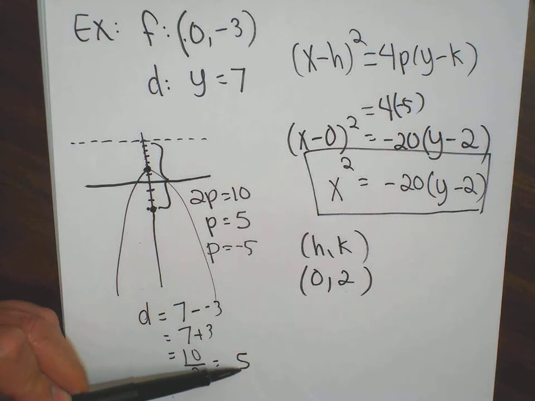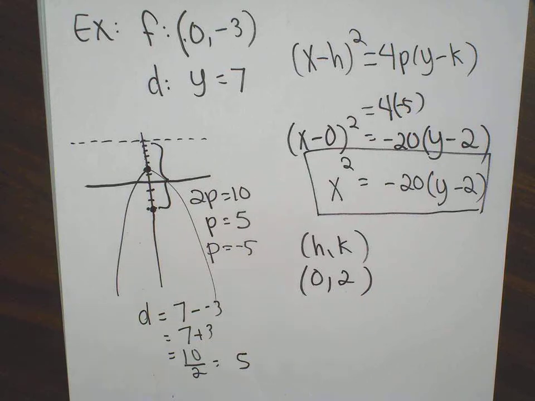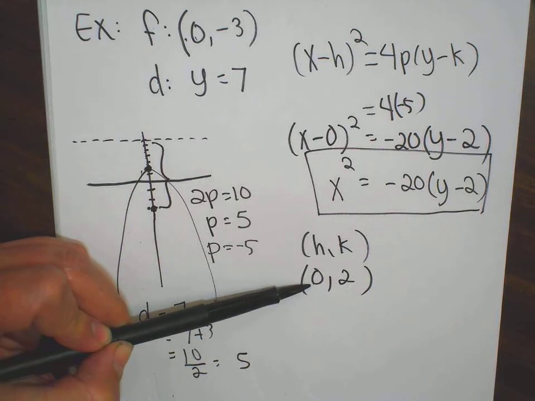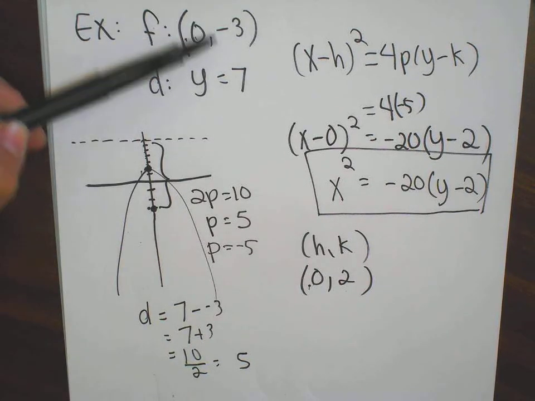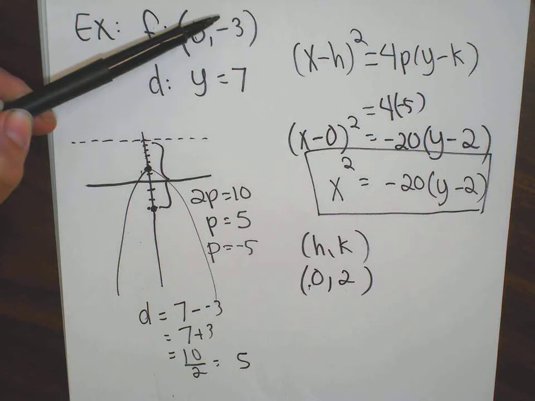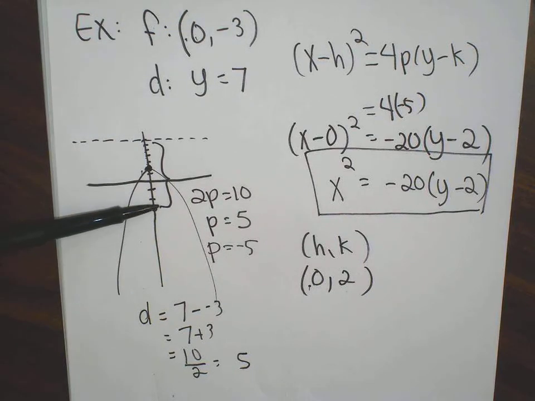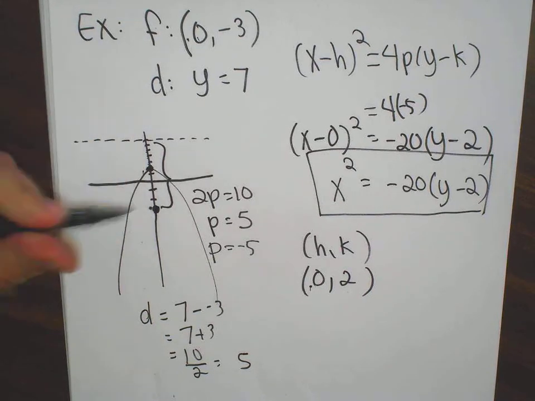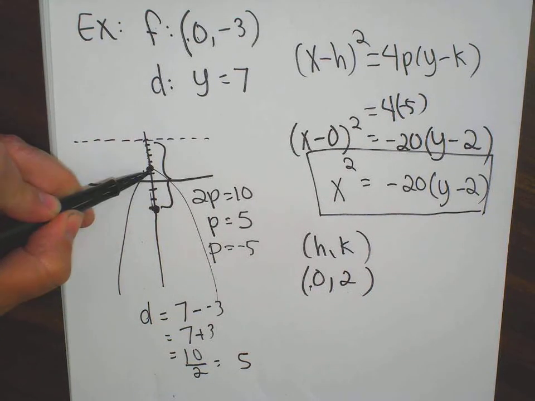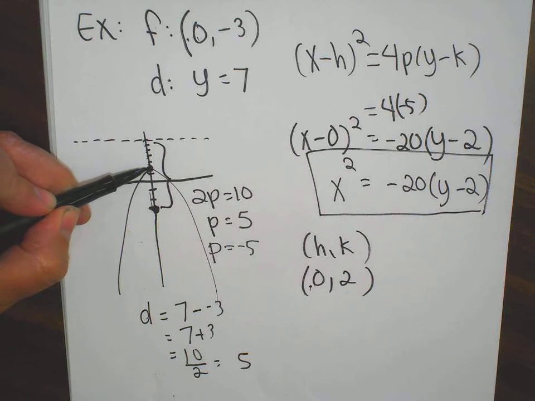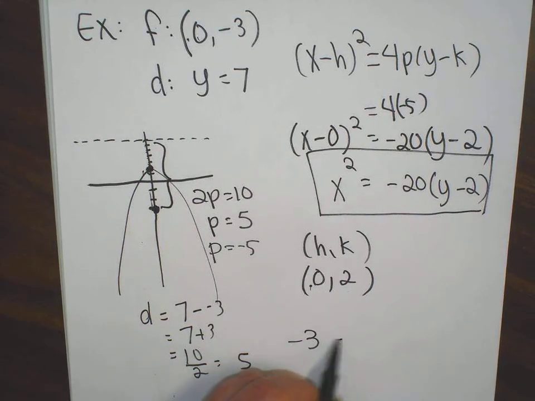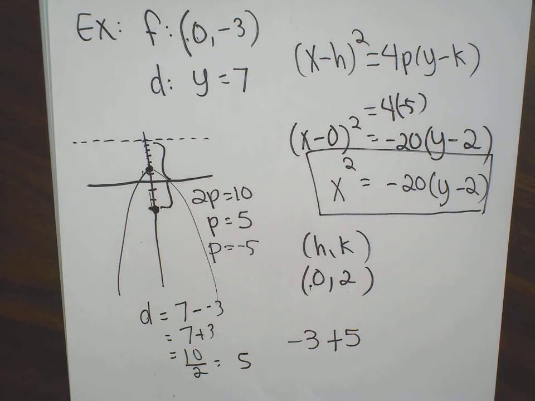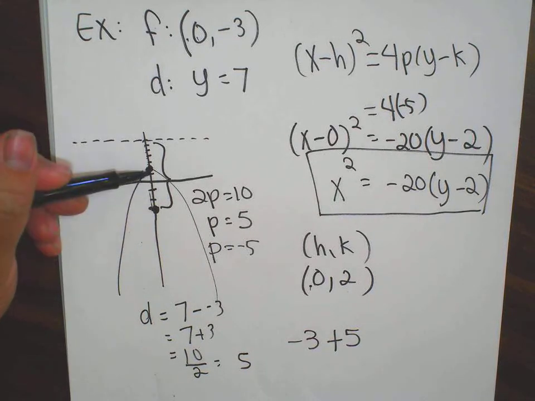So if maybe you had some sort of a decimal or a fraction, how could you get your vertex knowing your focus is this and this is the value of P? Look at what stays the same. The x's aren't changing. So all I have to do is modify the y. So from the focus, I have -3 and I'm just adding that 5, because I'm moving up to that vertex.